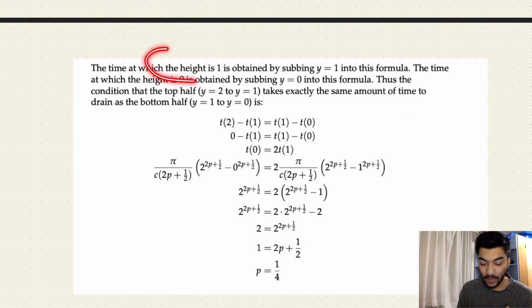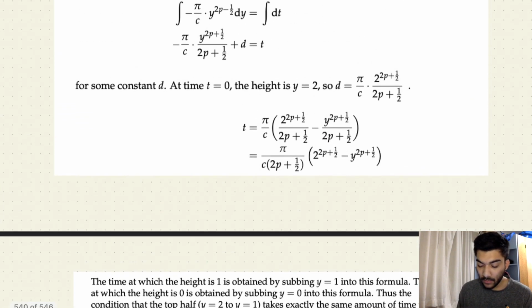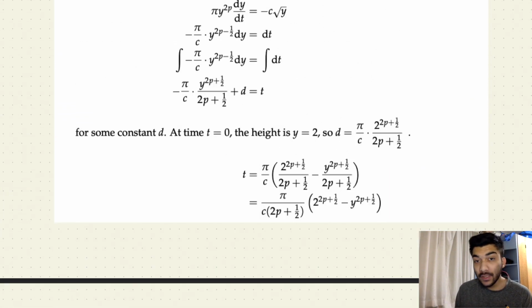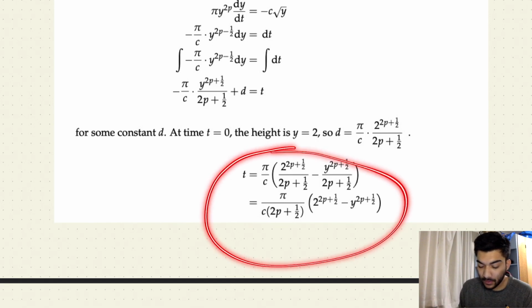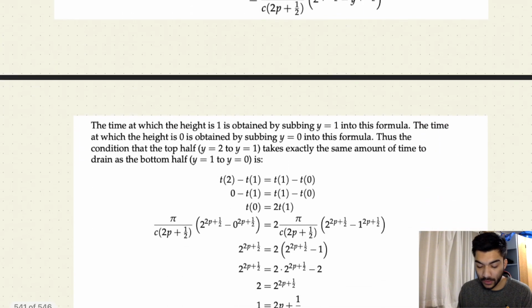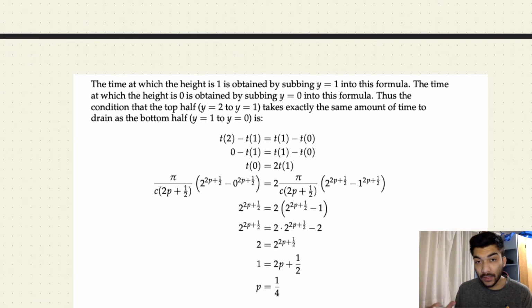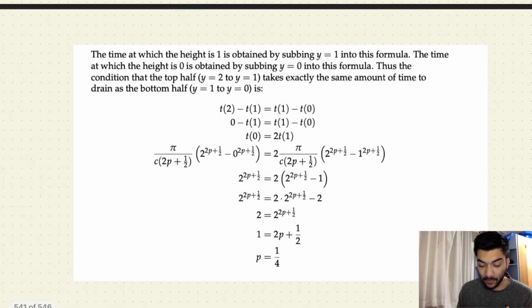The time at which the height is 1 is simply obtained by substituting y equals 1 in this equation. Similarly, to calculate the time when y is 0, we plug y equals 0 into this equation, right? Based on the given condition, the time difference from y equals 2 to y equals 1 is the same as the time difference from y equals 1 to y equals 0.